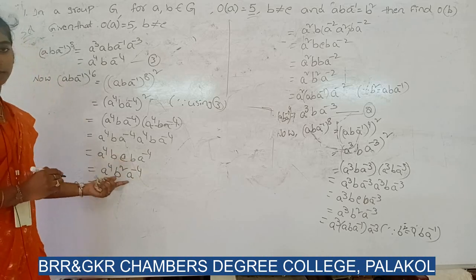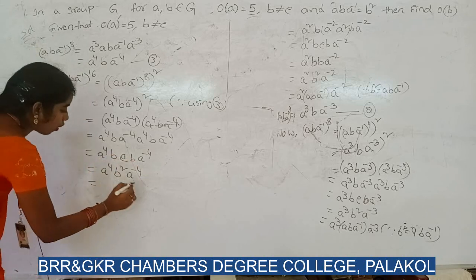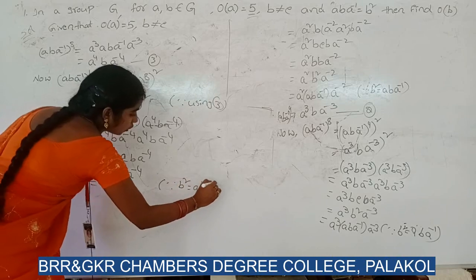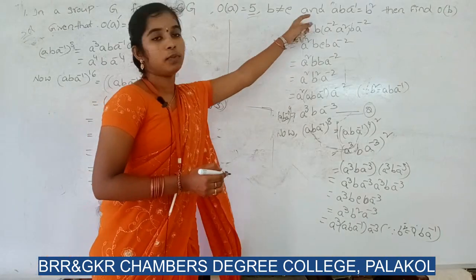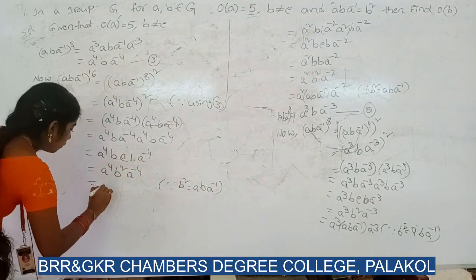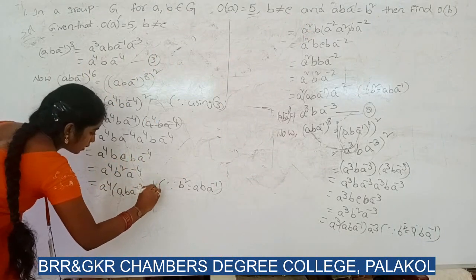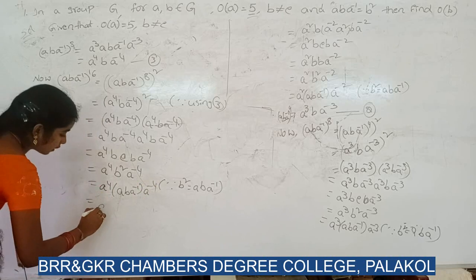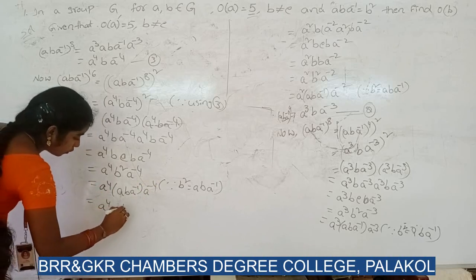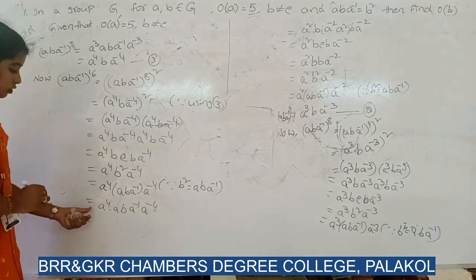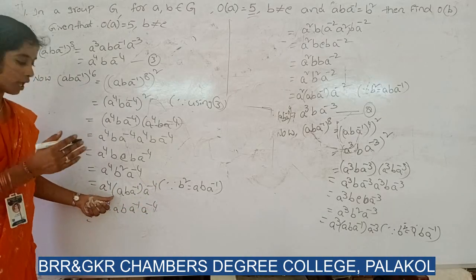So B into B square. So already you know that B square value is ABA inverse. So A power 4 into ABA inverse A power minus 4. So this can be written as A power 4 into A into B into A power minus 1, A power minus 4. So already you know that A power m into A power n is A power m plus n.